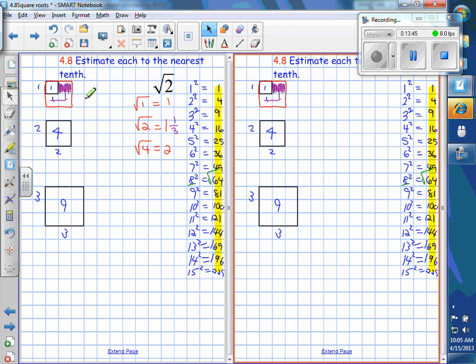If I want to do the square root of 5, do you guys agree it falls between the square root of 4 and the square root of 9, the closest perfect squares? So the idea is you want to look at the square root of 4 and make that into a square root of 9 size area. Okay? I need 5 more squares. 1, 2, 3, 4, 5 to get from 4 to 9. Do you see that?